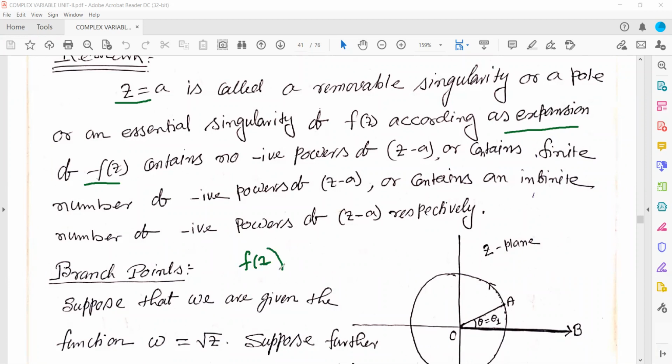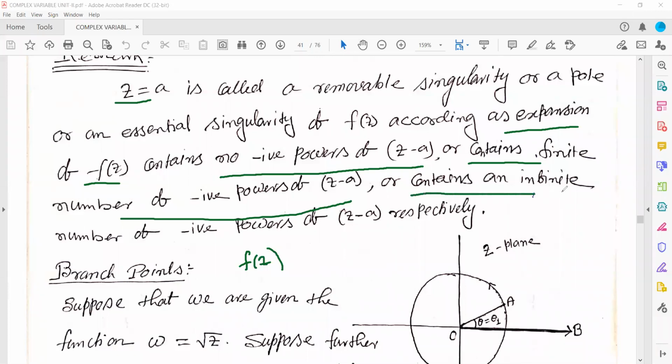After the expansion, it either contains no negative powers of z minus a, meaning z minus a will not come in the denominator of the expansion, or it contains a finite number of negative powers of z minus a, or it contains an infinite number of negative powers of z minus a.